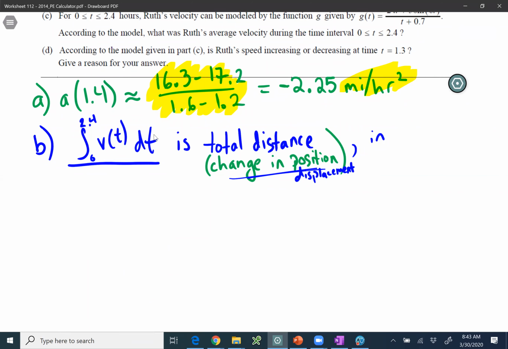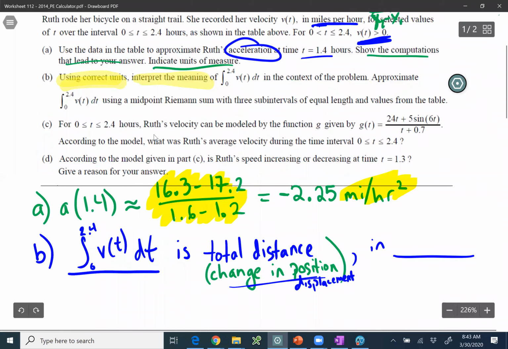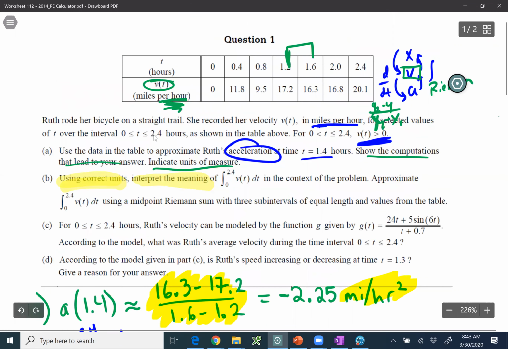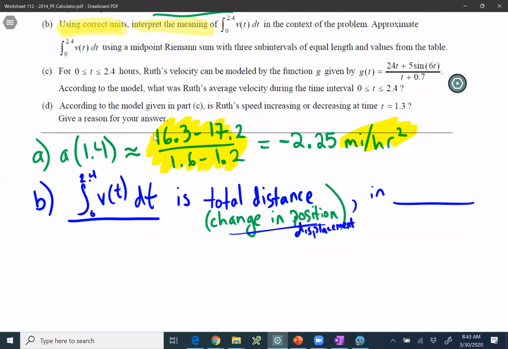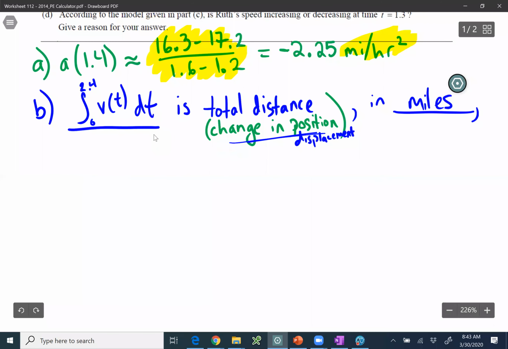So integral of v of t dt is pick one of those three, and then in units, right? This is what's going to change. So in this case, we go back up here, and we had miles per hour, but remember when we take the integral, it chops off the per hour. So in miles, and then we need the from.